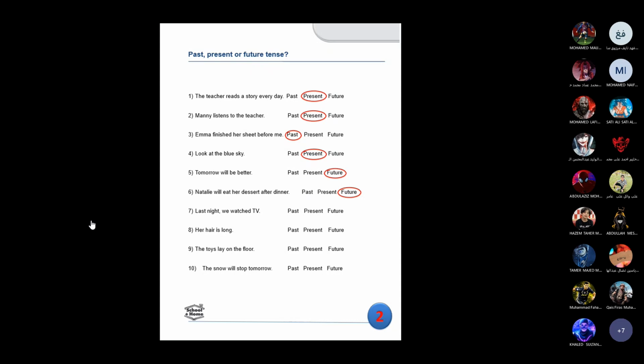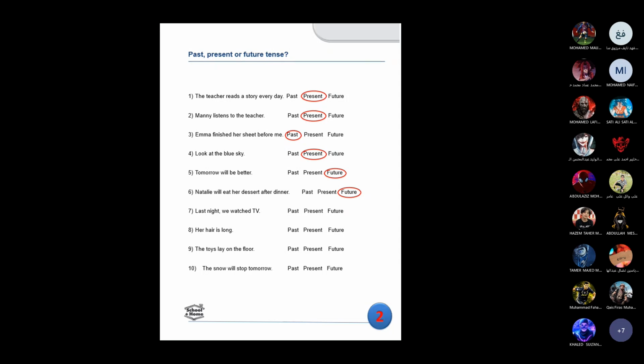Last night, we watched TV. Muhammad Ashraf, number 7. So what is the verb in that sentence?